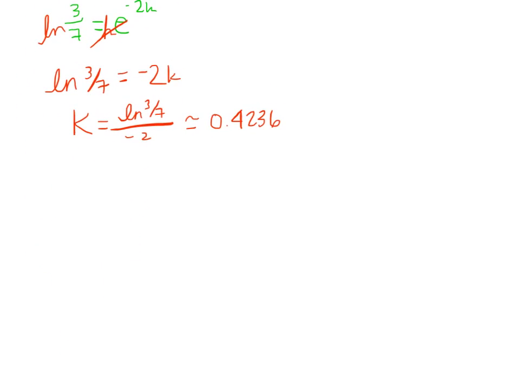So now I'm going to get down to the initial problem, which said find the population when t equals 3.